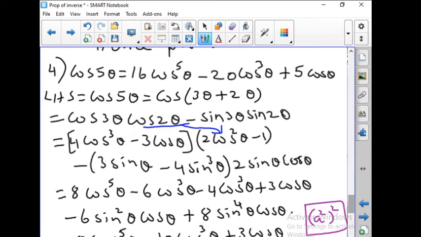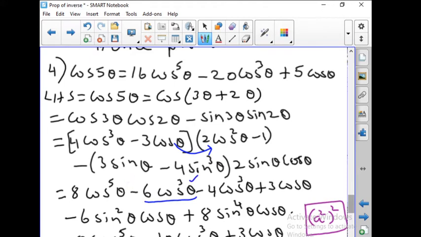Then also here minus sin 3 theta is 3 sin theta minus 4 sin cube theta, and sin 2 theta is 2 into sin theta cos theta. Now ordinary multiplication we have to do. So first term is 4, 2s are 8. So 8 cos power 5 theta, and then minus 6 cos cube theta.